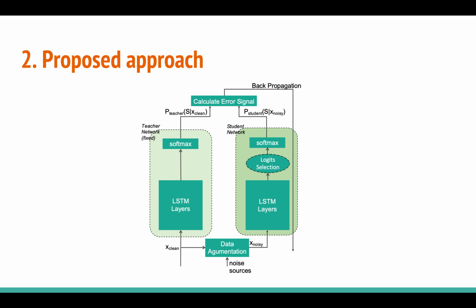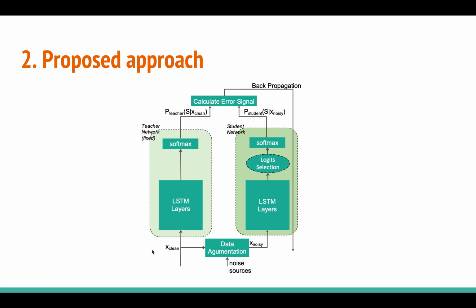Basically the student tries to mimic the teacher, right? You use that KL divergence as the loss function, and you back propagate by differentiating that KL loss and update the network. You will not update the teacher network, you will update the student network. So this is how the whole setup is.